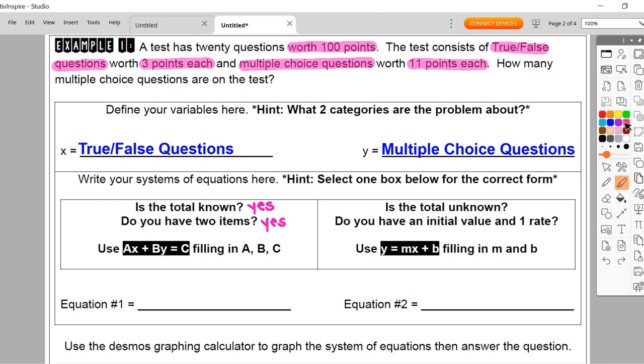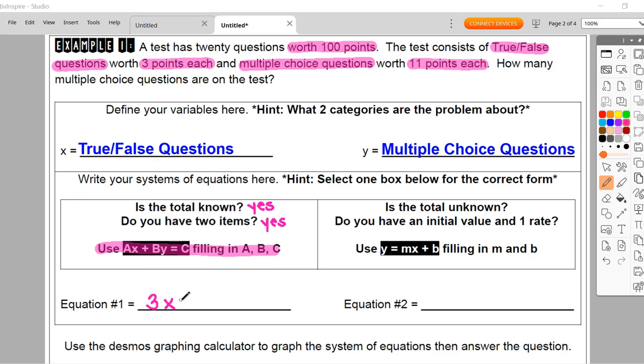So now that I've decided the form, it says I have to use my ax plus by equals c, filling in my a, b, and c. Well, like I said, I'll keep my x here, and I'll replace the a, which is the number that goes with my true-false questions. Going back to the problem, that was 3 points per true-false question.